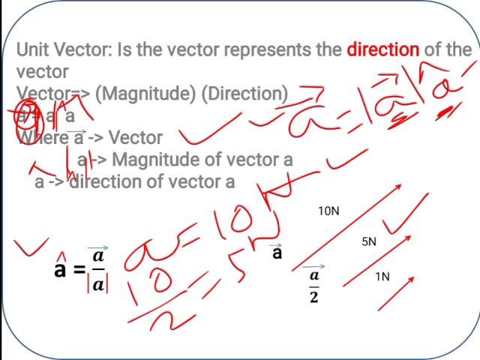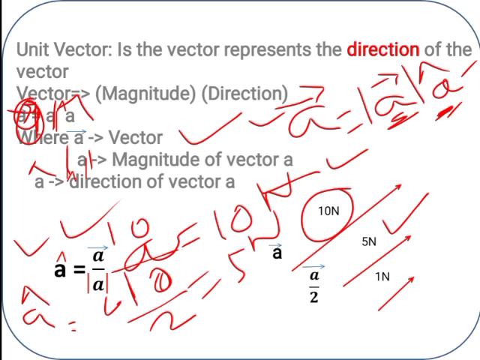You just assume, okay. So if I substitute this value in this expression, then what is my unit vector? Vector A is 10 here, magnitude of vector A is also 10. Am I correct? So A cap is equal to 10 divided by 10. Is it not 1 Newton?